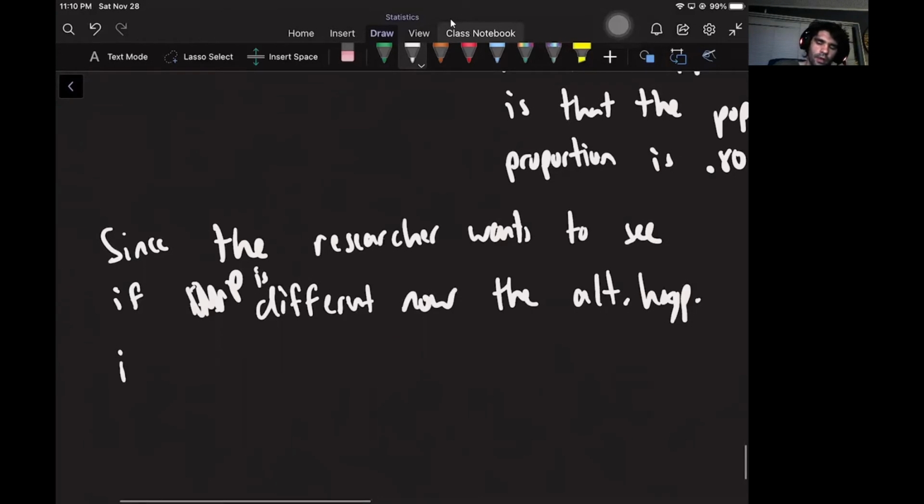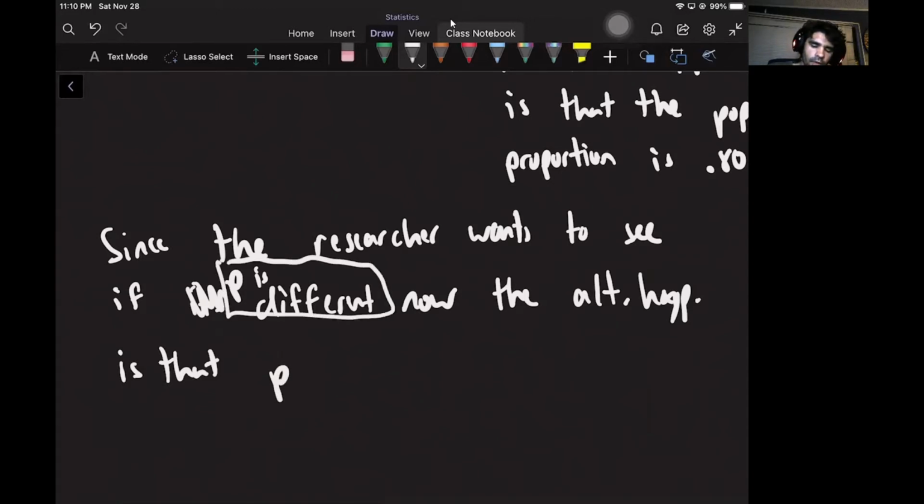Well, what does it mean to be different from 0.80? In a mathy term, that means it's not equal to 0.80.